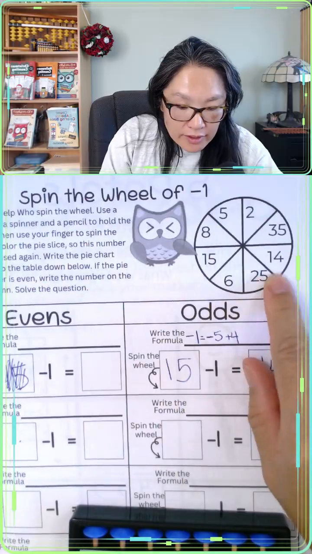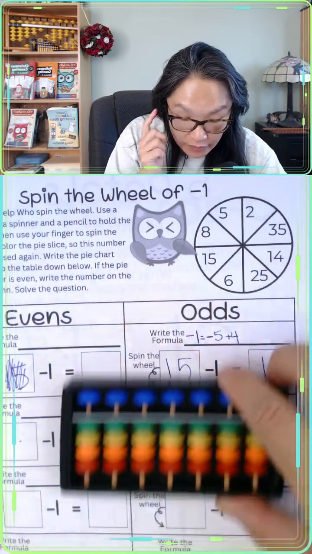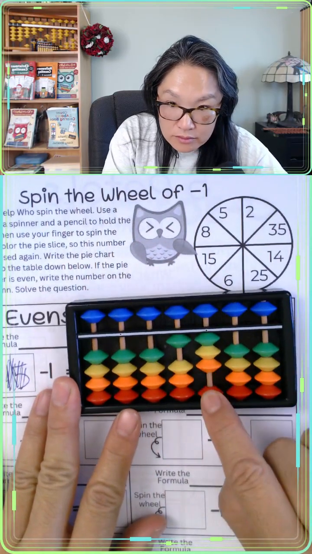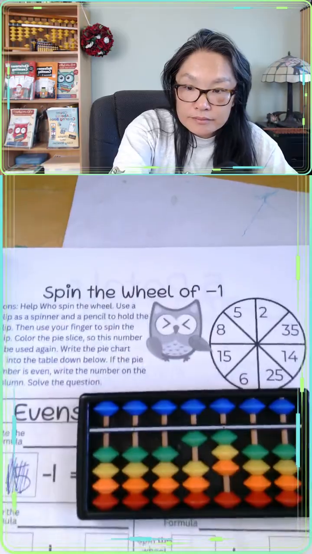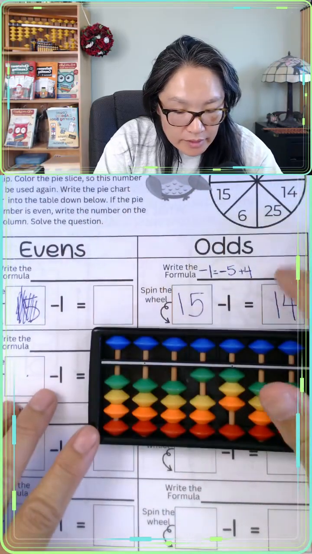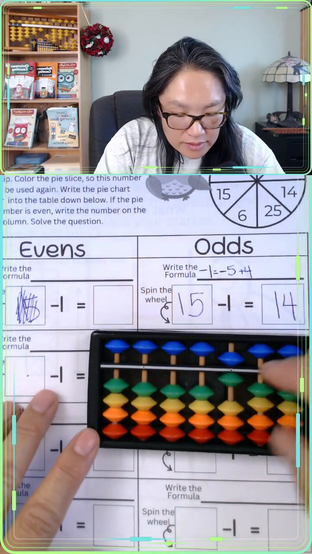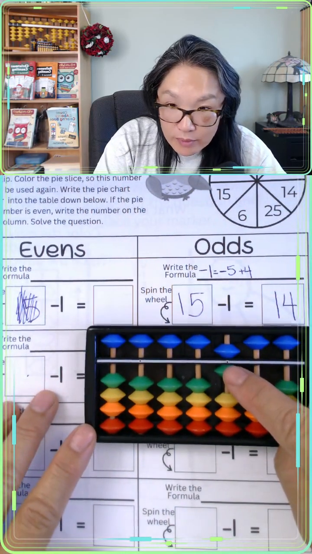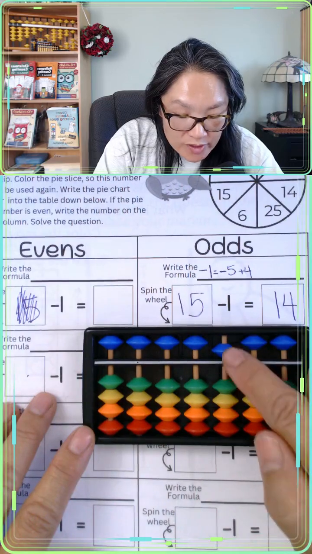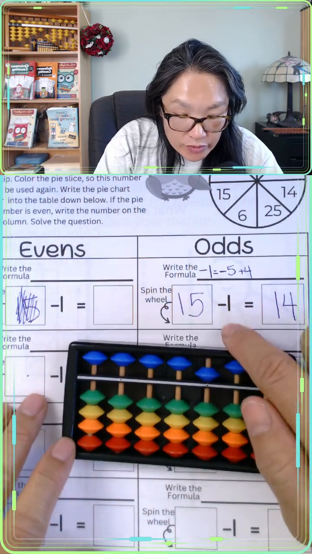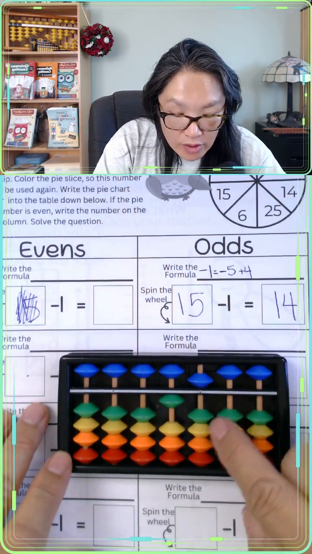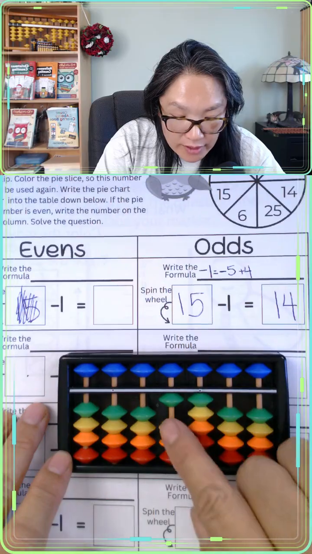If you take away 14, it's easy, because it's 1 and 4. And then we have 6 on the abacus. I want to take away 1. It's easy. But you use the formula when you have a 5. So when we do 15 minus 1, that's when you have to minus the 5 plus the 4, and gives me 14.